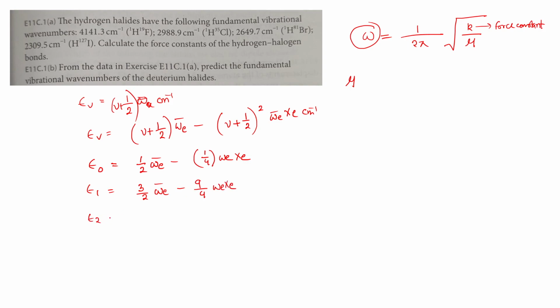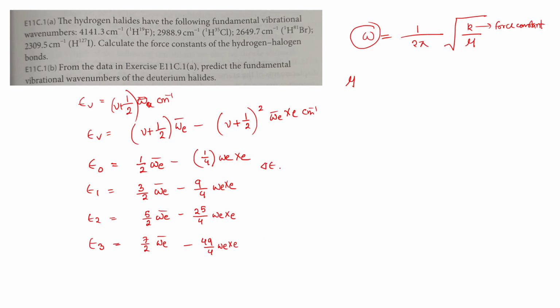Now E2 is 5/2 ωe minus 25/4 ωexe. What about E3? E3 is 7/2 ωe minus 49/4 ωexe.